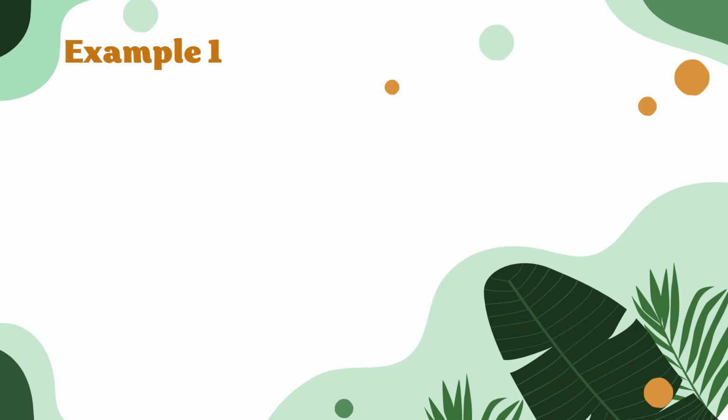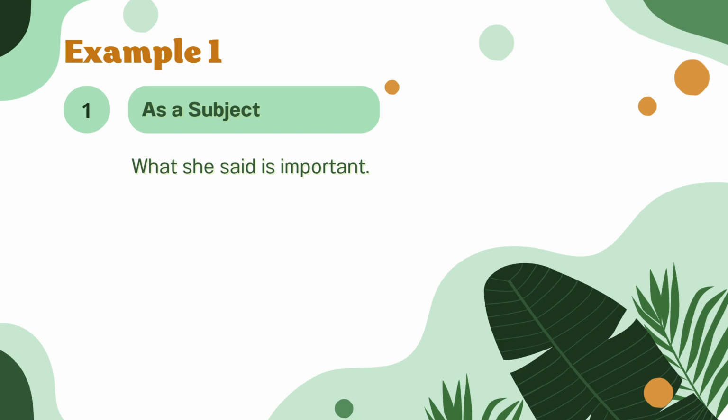To make my explanation clearer, I would like to give you examples. Example 1 is about noun clause as a subject. We have a sentence. The sentence is "What she said is important." The sentence can be analyzed as follows.